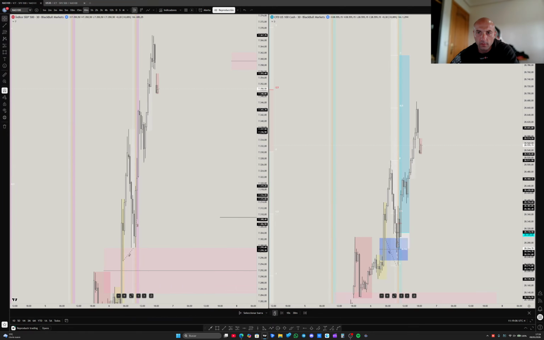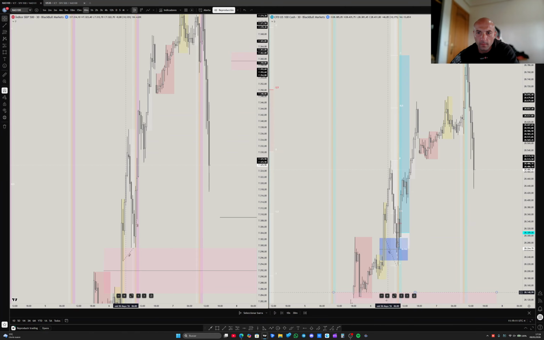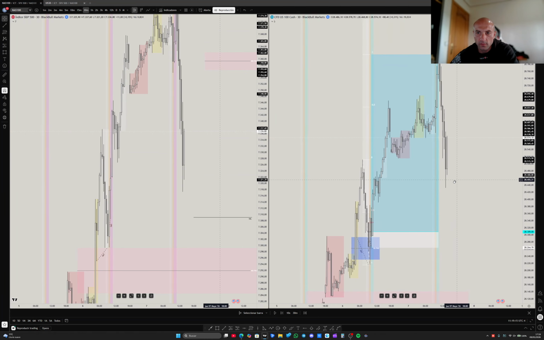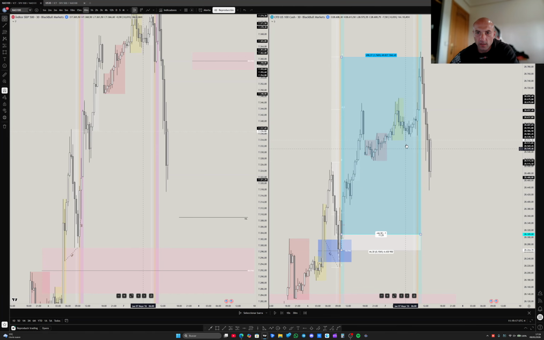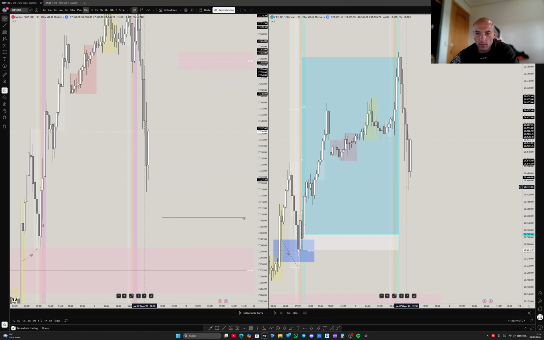So check it out. Right as it touched it, it went back down to take all of these lows at what time? 12:30. This is actually good. You could try maybe to take a trade from here.